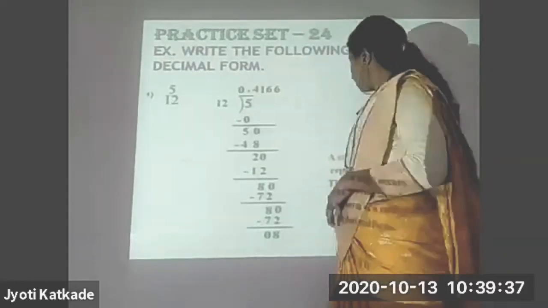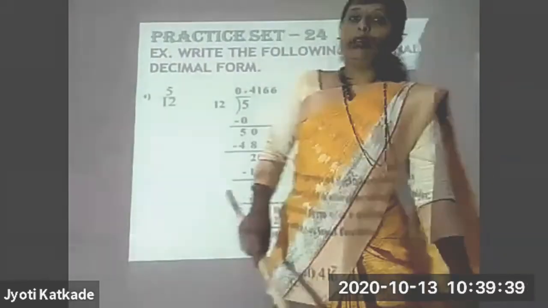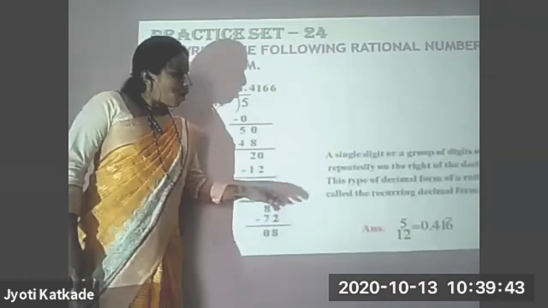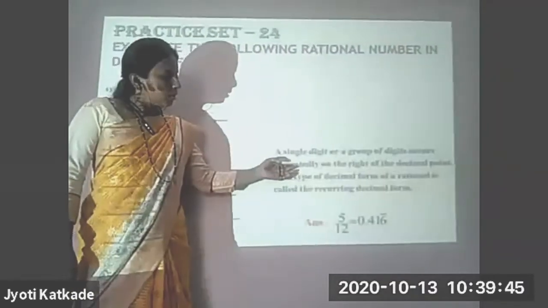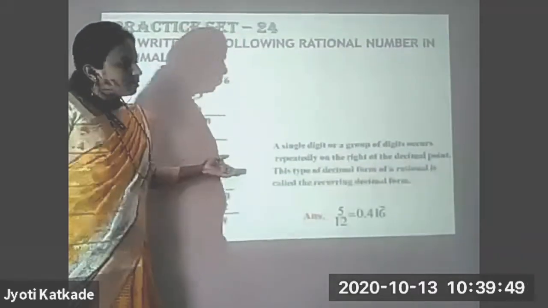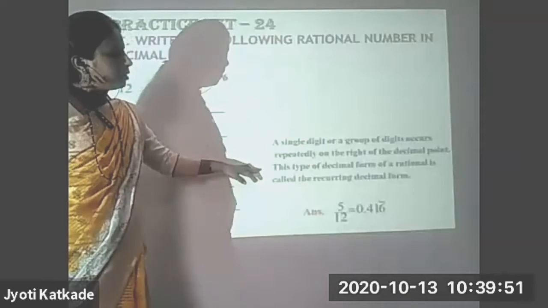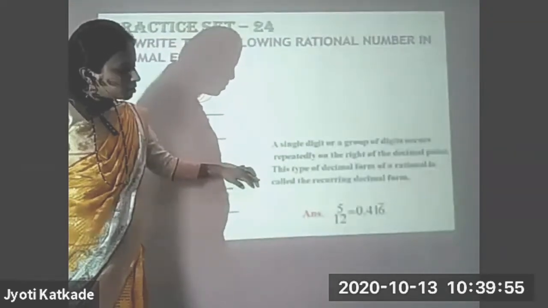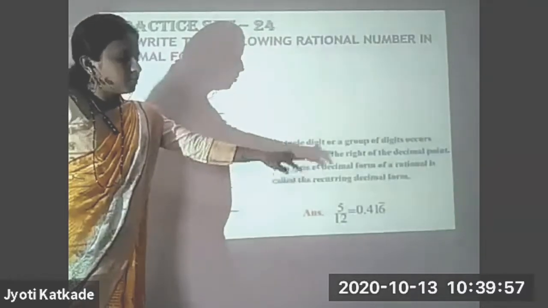A single digit or a group of digits occurs repeatedly on the right of the decimal point. This type of decimal form of a rational number is called the recurring decimal form.